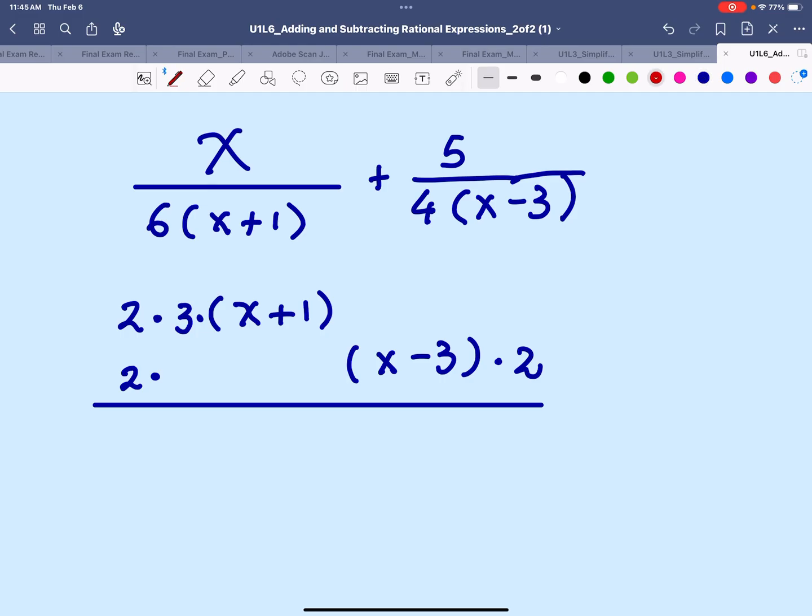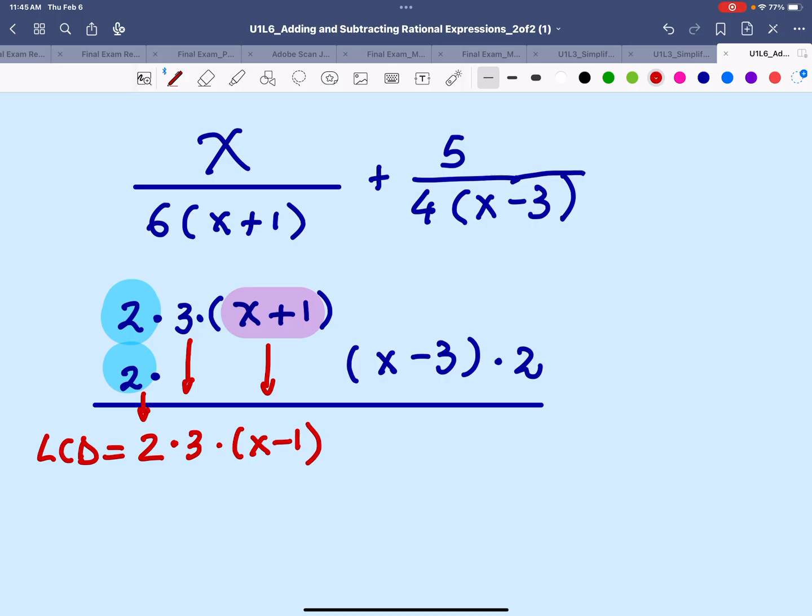So we're going to state the lowest common denominator here. We're going to bring 2 down, which is a common factor. We're going to bring number 3 down, which is a factor in the first one. We're going to bring x plus 1 down. This is going to be a factor in the lowest common denominator. Next, we have x minus 3.